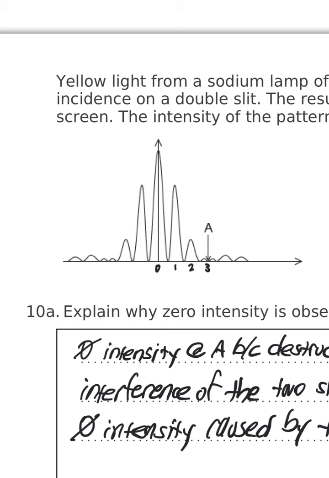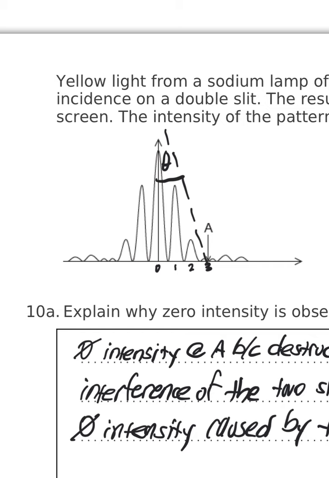But that point right there, A, does correspond to the center of the n equals 3 maximum. So I already know what that angle is from the center line to point A, which is also the angular displacement to that third maximum.